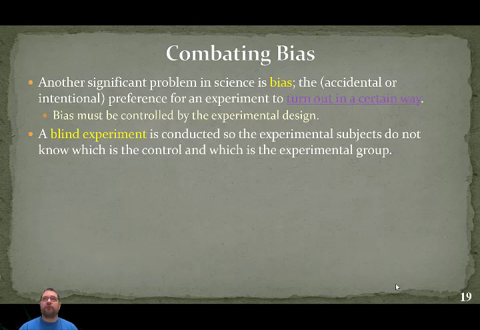You don't allow the individuals who are being experimented on, what we would typically call the experimentees, to know if they're in the control group or an experimental group. They're just in a group. So if it's a new medicine, they don't know if they're getting a sugar pill or the medicine, or a really low dose of the medicine, or a really high dose of the medicine.